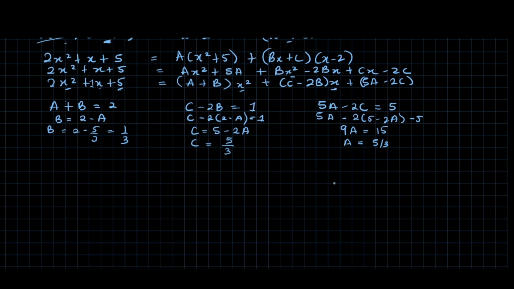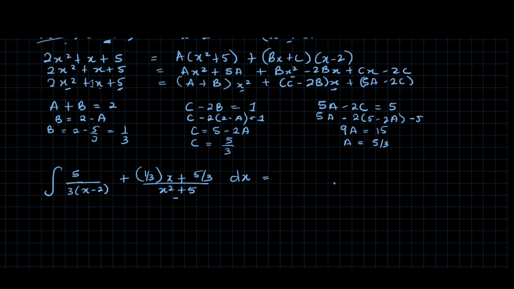So now the full decomposition is 5 over 3 times 1 over (x minus 2), plus ((1 over 3)x plus 5 over 3) over (x squared plus 5). Now we can just integrate this because this is the solved partial fraction decomposition, with respect to dx.